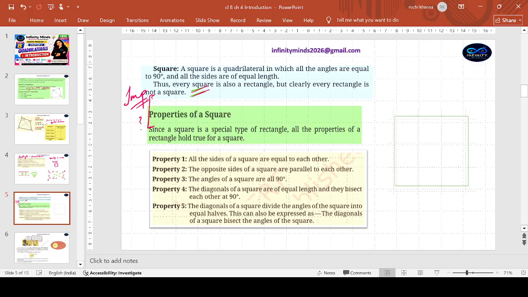Property number 1, all sides of a square are equal, clear. Property number 2, opposite sides are parallel to each other.